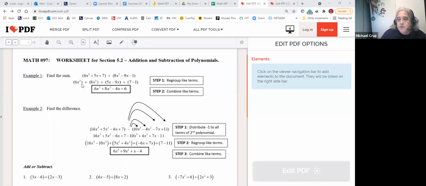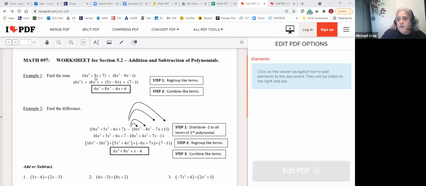So they bring the 6x cubed down and put it in parentheses by itself, because there's nothing else that matches it. Same thing with the 8x squared: they bring it down because there's not one on the left side that matches it.